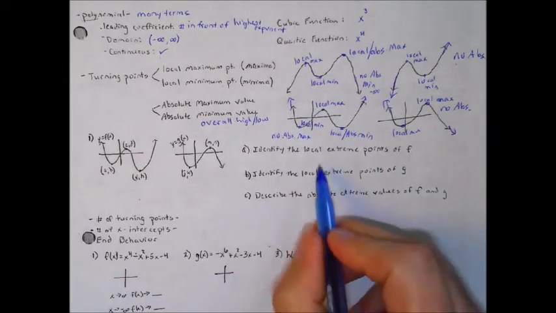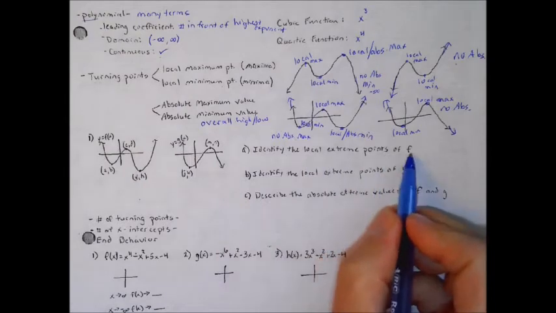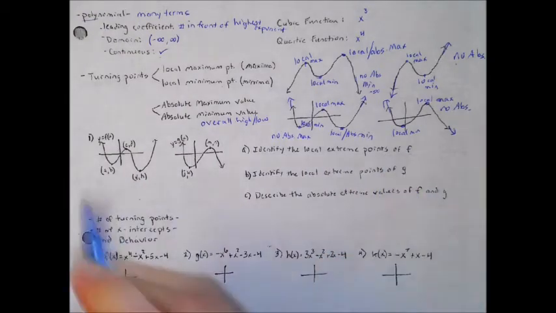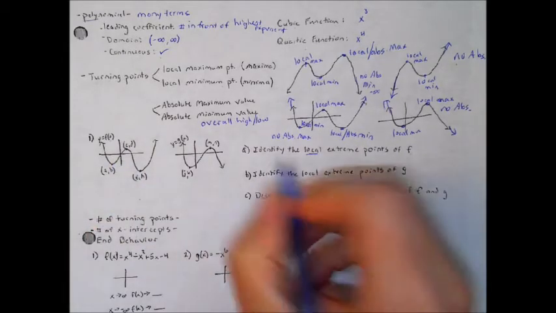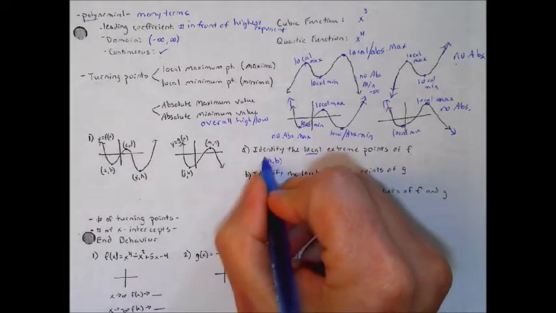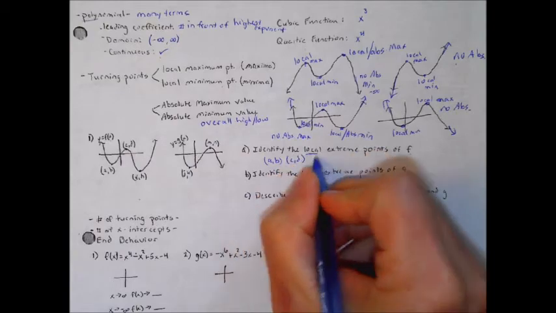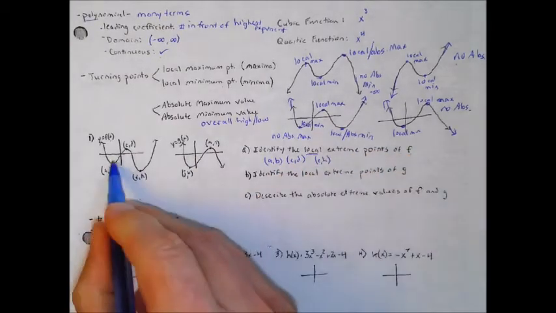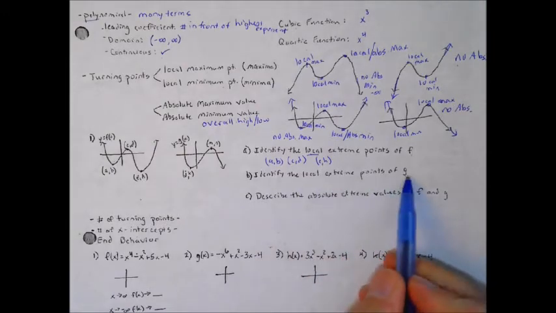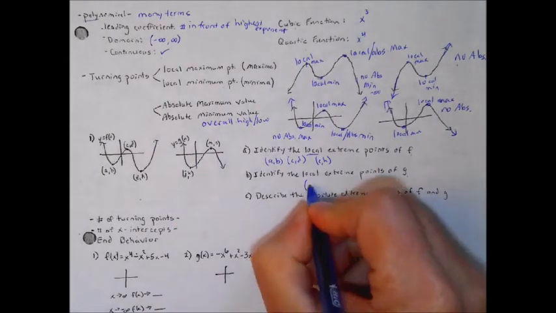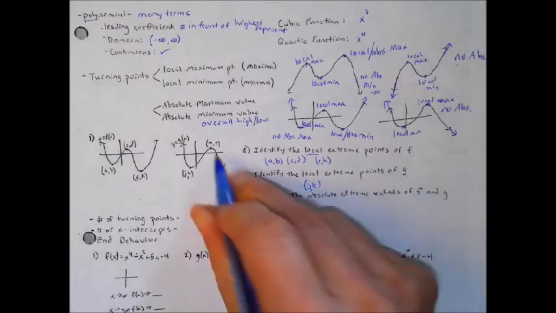Okay, identify the local extreme points of f. Okay, so here's f of x. We want the local, so local would be the point AB and the point CD and the point EH. So we have three of them. Identify the local extremes of G. So G, we have JK and we have MN.